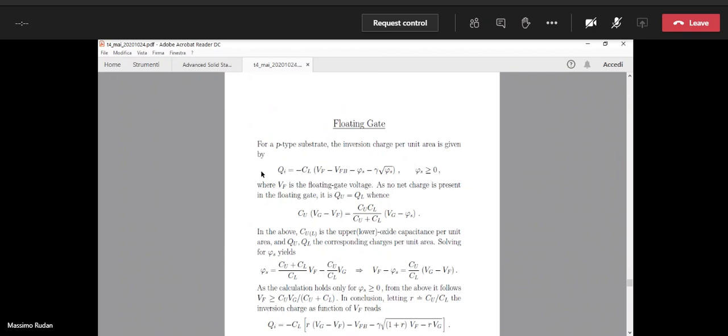Using the simplified formulas, we have that the inversion charge, this is the charge packet that crosses the interface from left to right, when it is present under the floating gate, we have this relation between Qi, Vf, and phi s, okay?